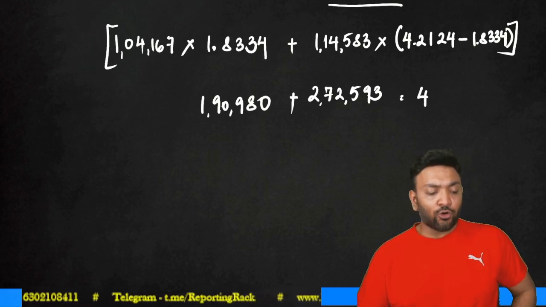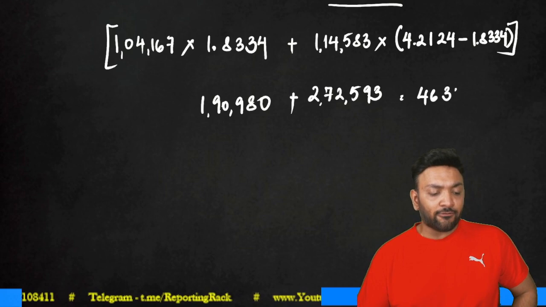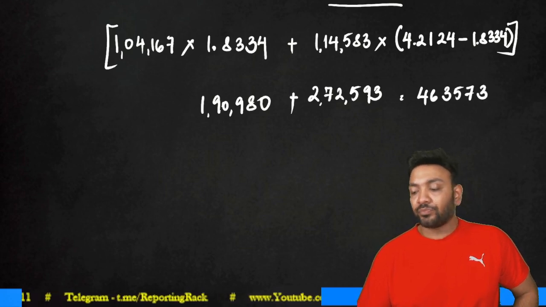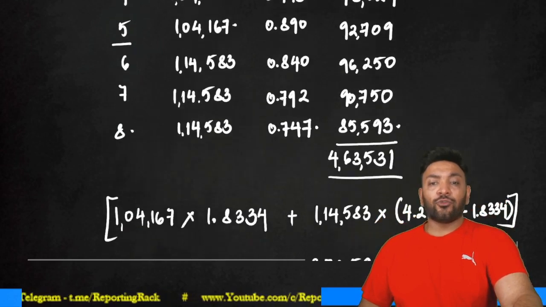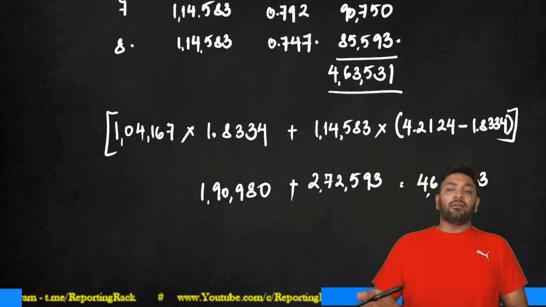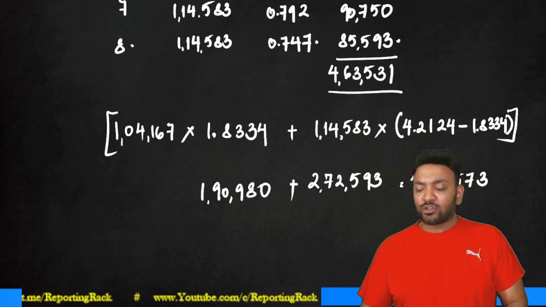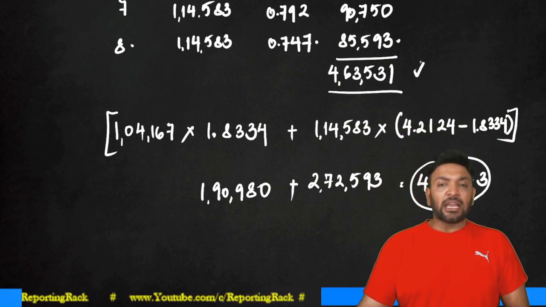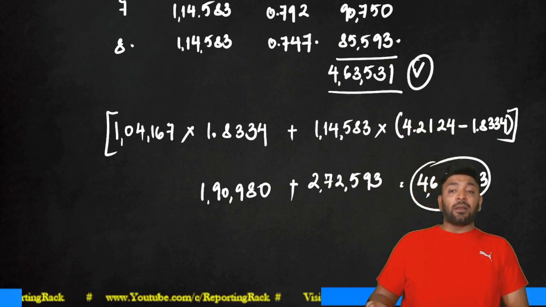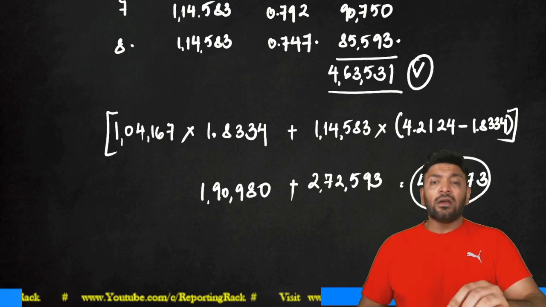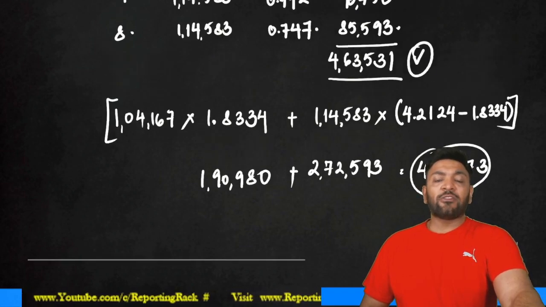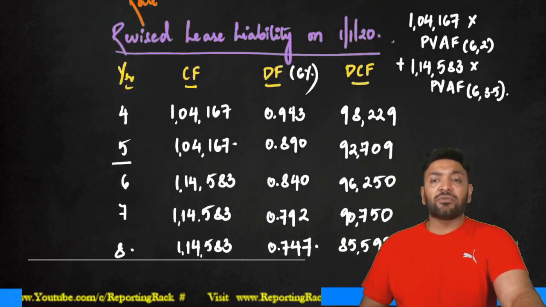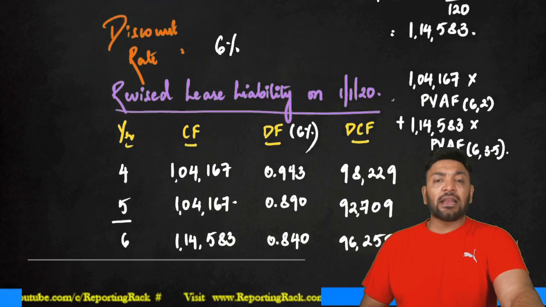Add, you will get 4,63,573. How much did you get if I took each year? 4,63,531. 42 rupees of difference you will get. It's okay. I'm picking up this figure, guys. If you calculate by present value factors, you might have landed up with that. Around 40 rupees of difference you will get. It's absolutely fine. Approximately the same answer. Because of the present value factors, I'm getting a difference.